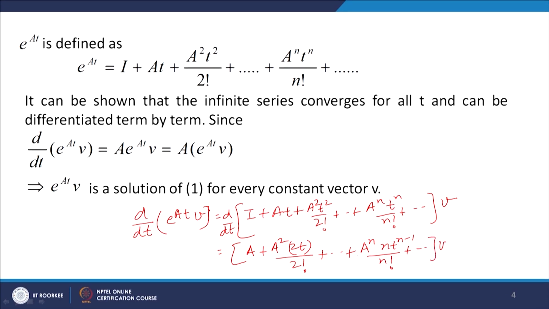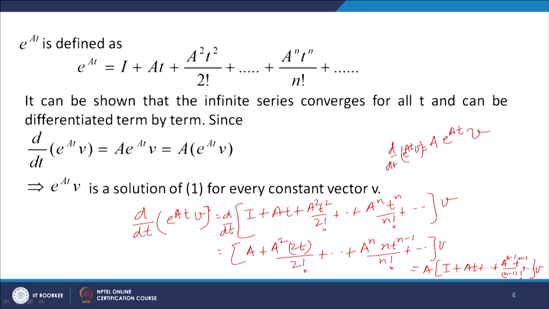Or I can write it as A into I plus At, then A to the power n minus 1, t to the power n minus 1 over n minus 1 factorial and so on, b. So, this is e to the power At. So, we get A into e to the power At into b, that is the derivative of e to the power At into b.